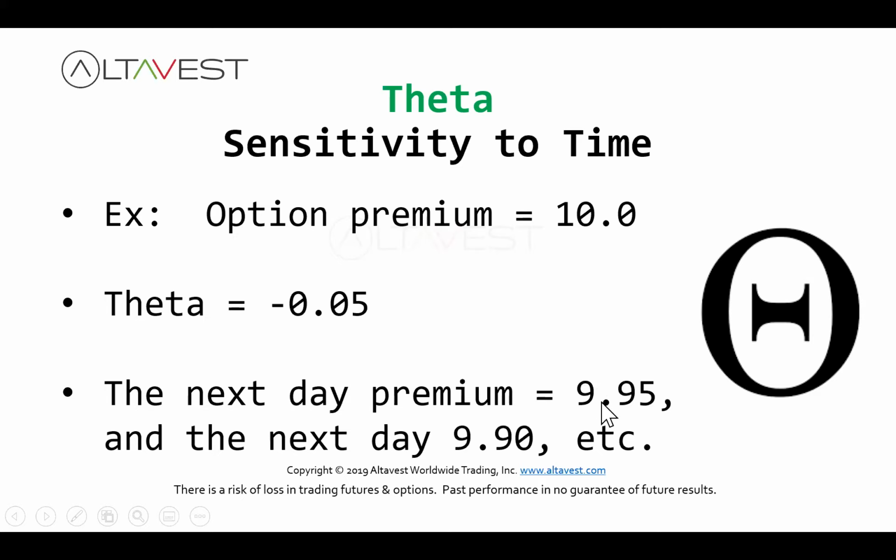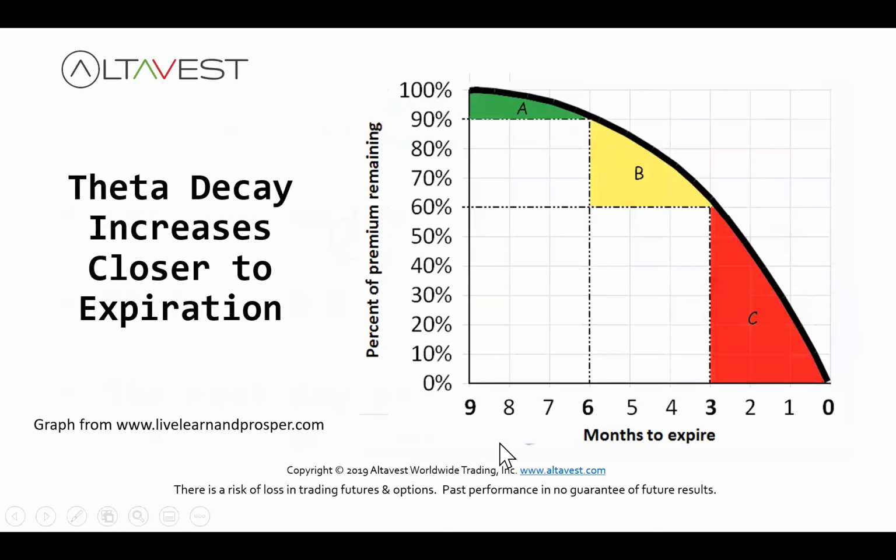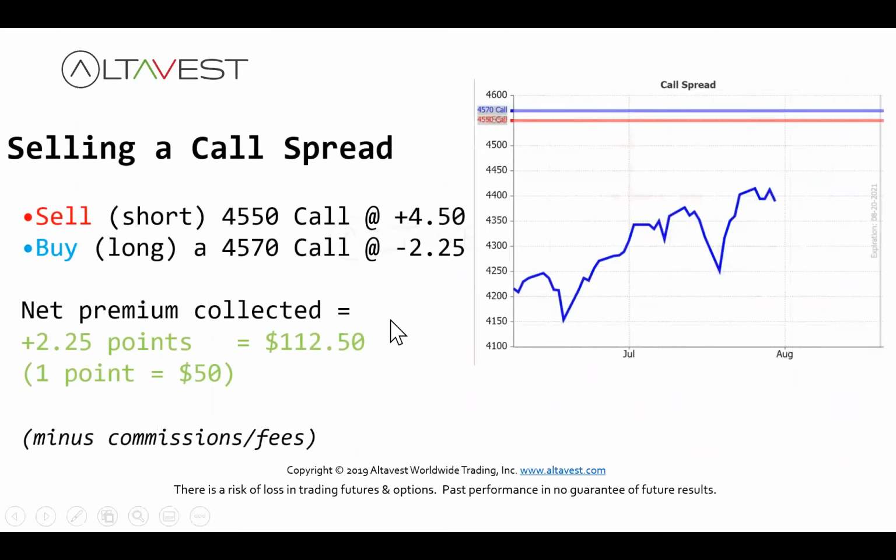So that's what theta decay looks like on a graph. As you approach time zero, the percent of that premium remaining really starts to drop off, and every option ends up expiring at some point. So theta decay always ends up working for you if you're selling options, and against you if you're buying them.